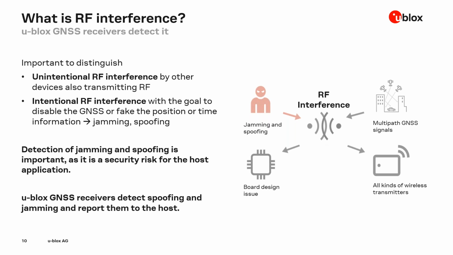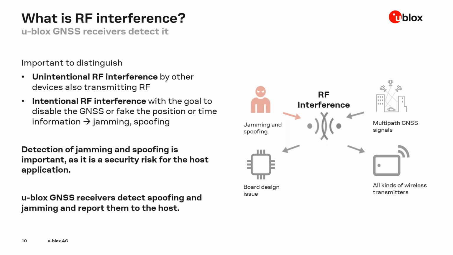So if I start on the top right, there is a multipath GNSS signals, which means the reflected GNSS signals by some houses, for example. This the receiver has to handle. Then we discussed already all kinds of wireless transmitters. Also, we mentioned the board design issue you might have on your application board.